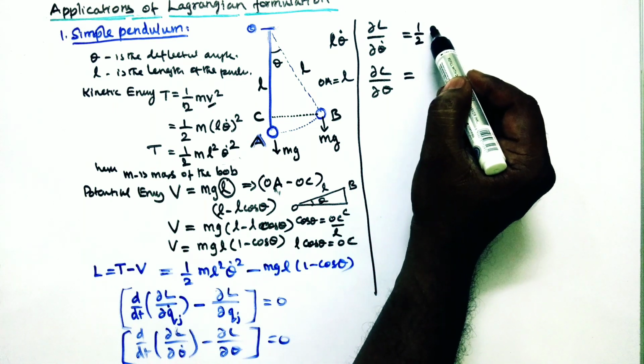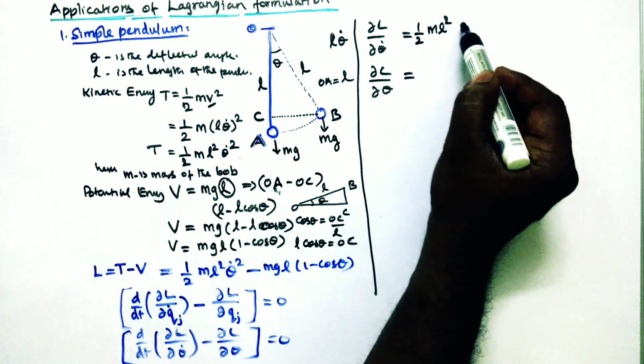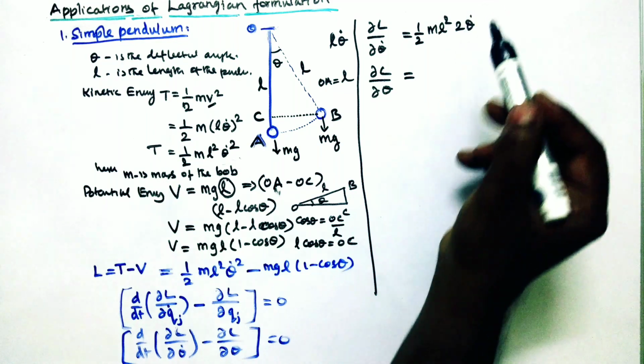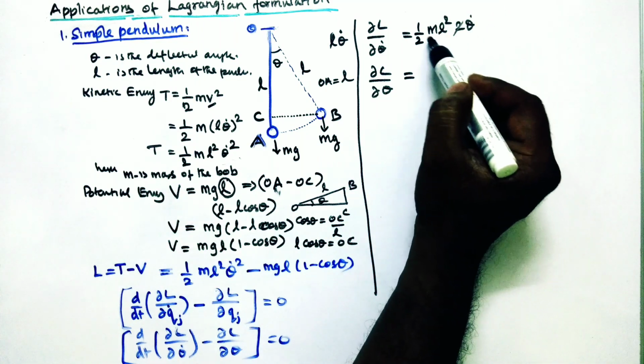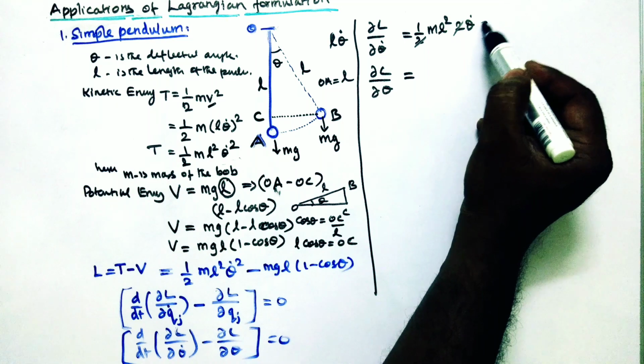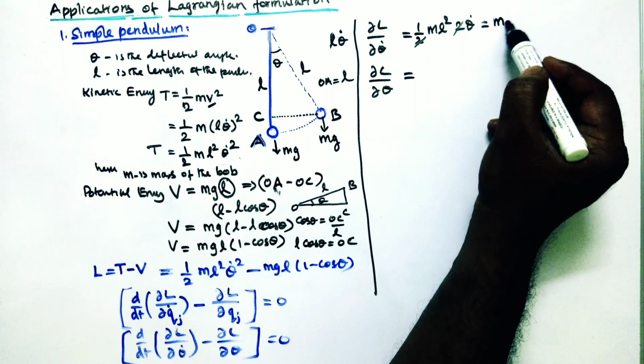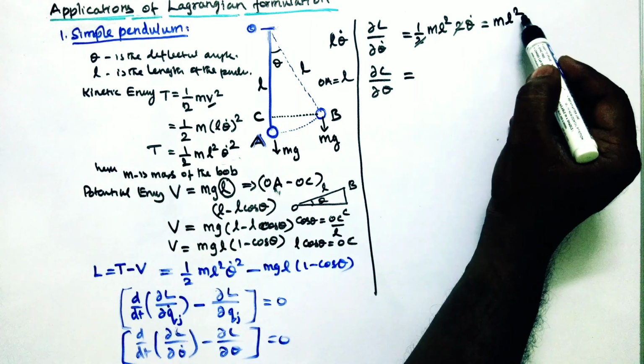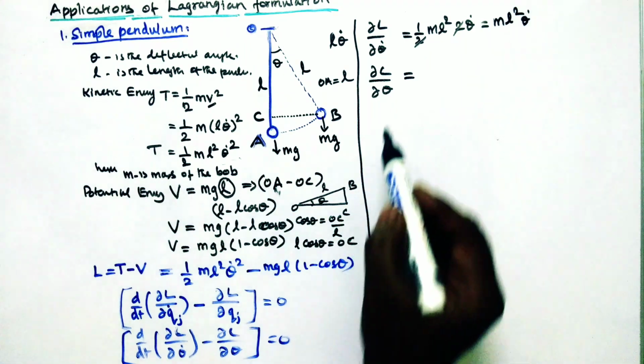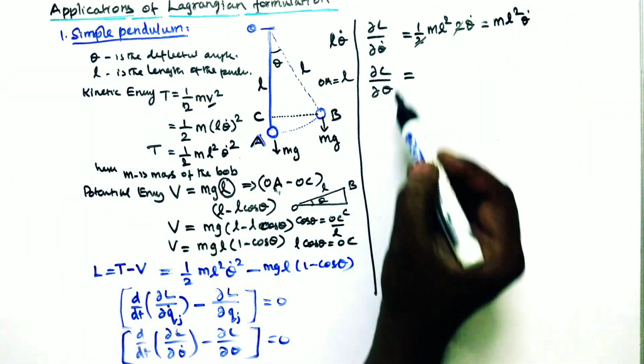Finally m L square theta dot is the solution for dou L by dou theta dot.